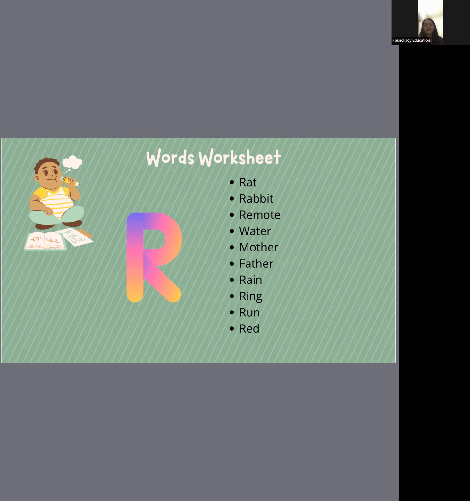When at least some kids are able to identify the sound you're trying to snatch, show them that this letter is R. Whenever they see this letter R, they're supposed to make the sound rrr. For practice, you can sing the jingle: rat, rabbit, remote, rain, ring. You can do it 8 to 10 times so that the kids are able to recreate the sound.